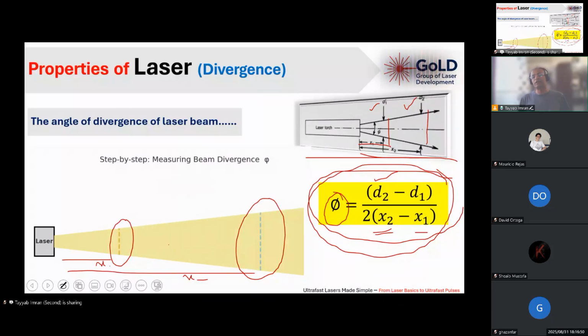That will give you the directionality of the laser. Divergence is directly related to directionality.